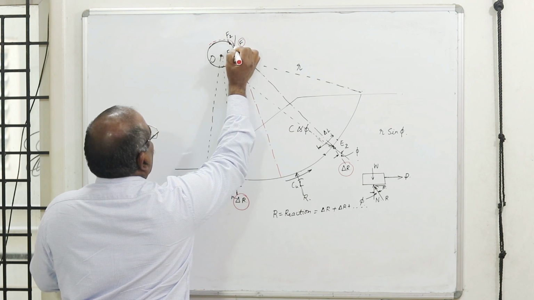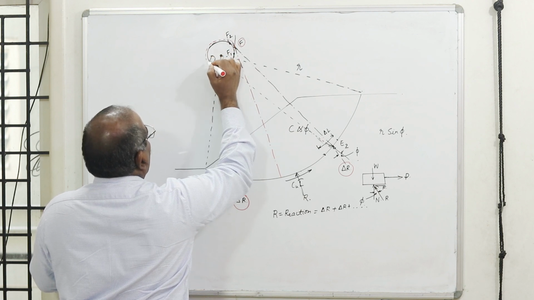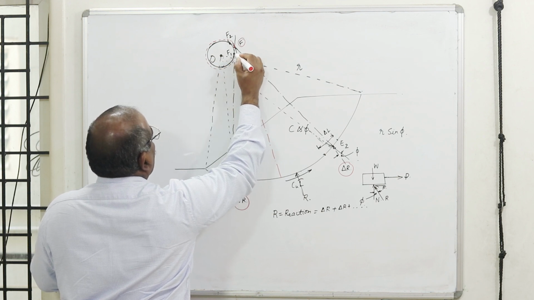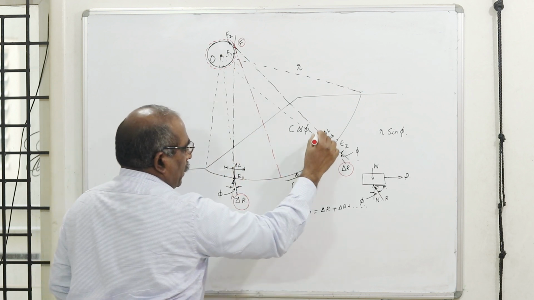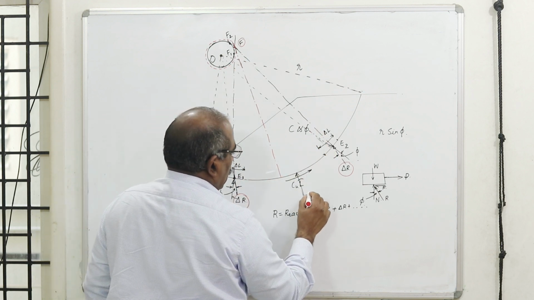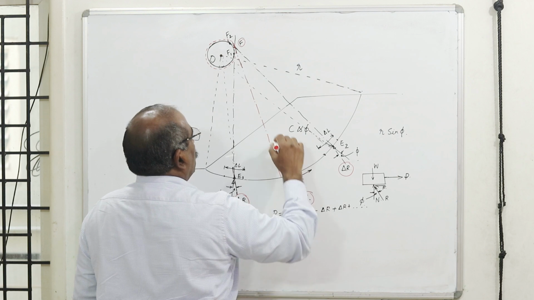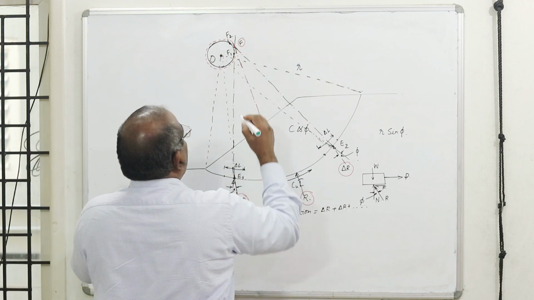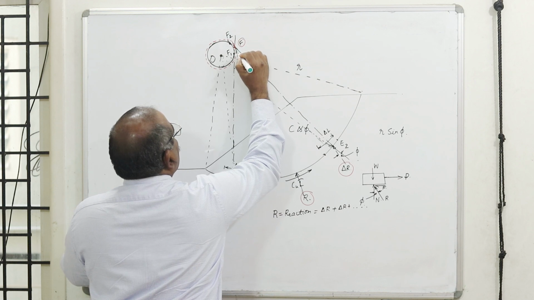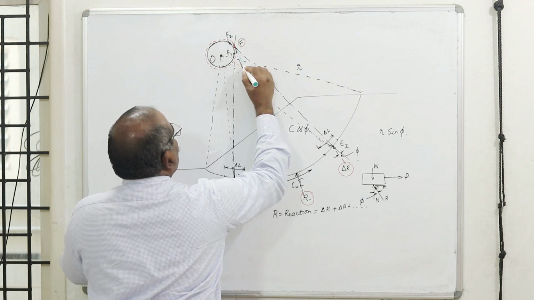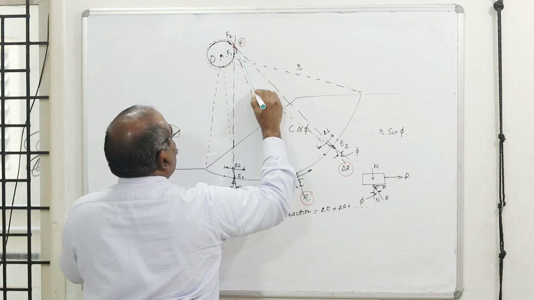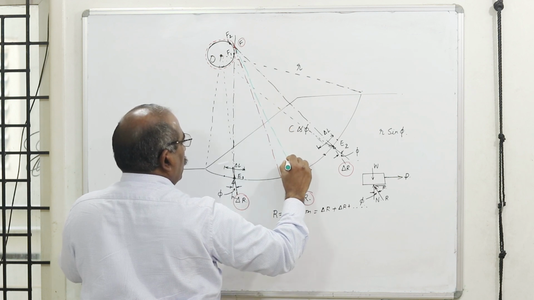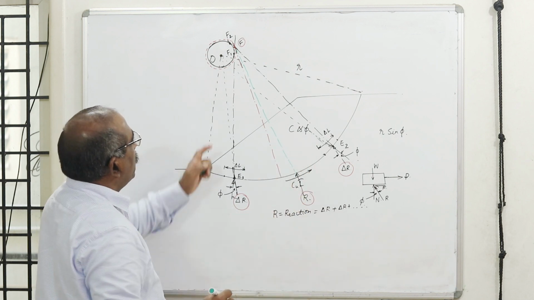Therefore, if I try to analyze this and draw it for the entire slip arc, the elemental reaction R will be tangential to the friction circle.